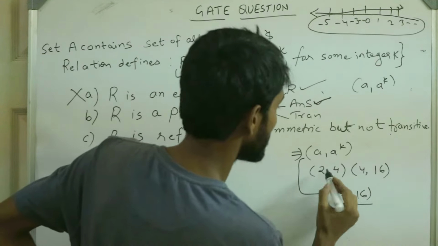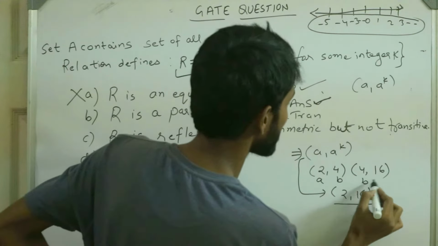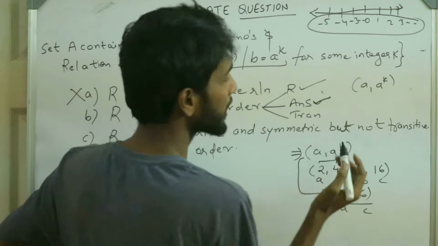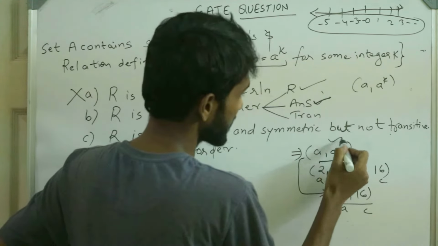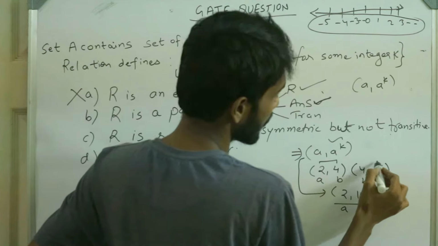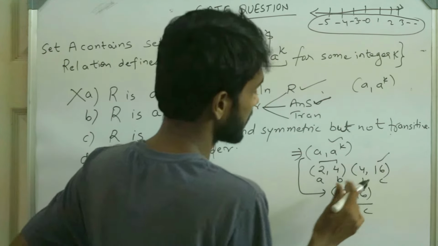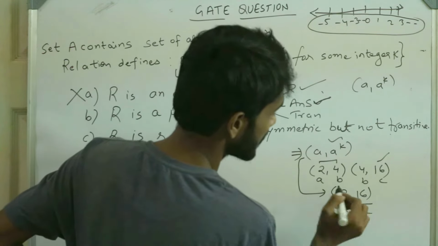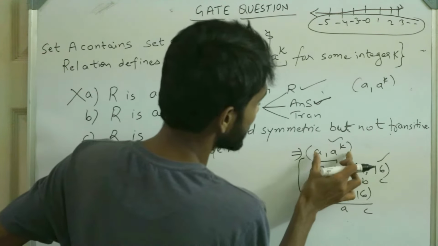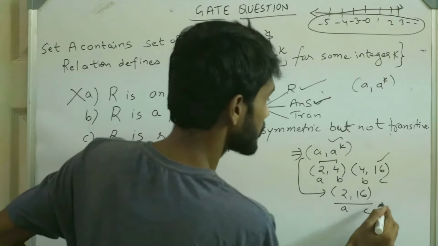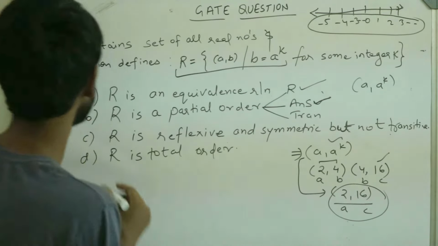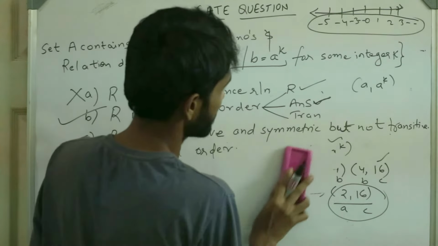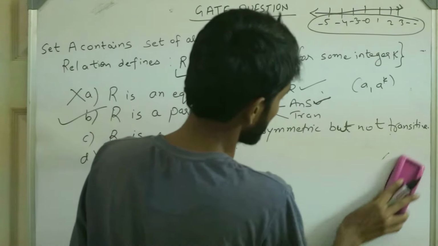Yes, it is possible. (a, b), (b, c), so what is (a, c)? 4 can be written as 2 squared, which satisfies this definition, 4 to the power 2. And (a, c) is (2, 16), so 2 to the power 4. This definition is satisfied too. So it is transitive also. So R is a partial order. Okay, fine.